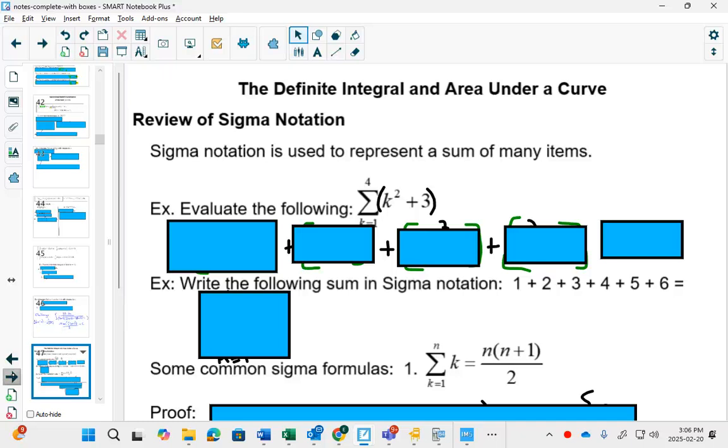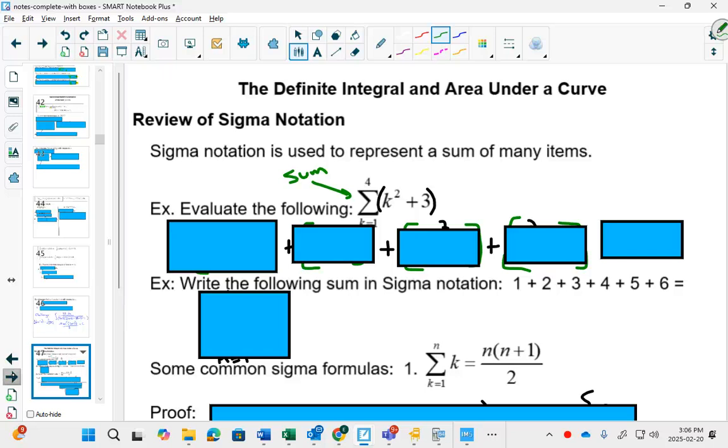Do you remember sigma notation? No. Okay, this big sigma sign is a symbol for, hey, find a sum, add things up. And in the sum, it has a starting point on the bottom. So start when k is 1, end when k is 4.